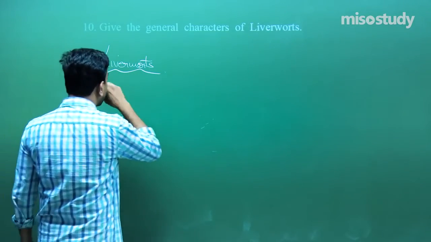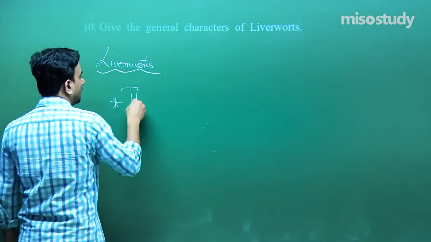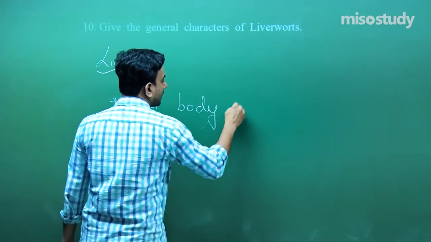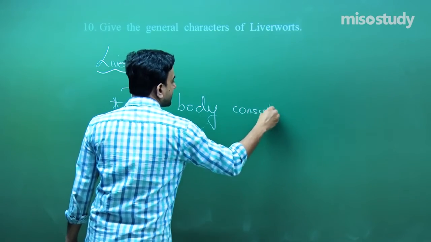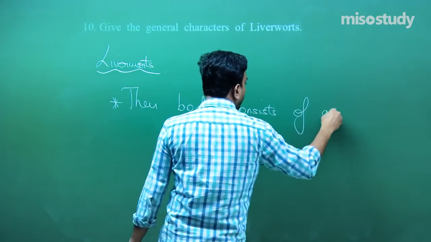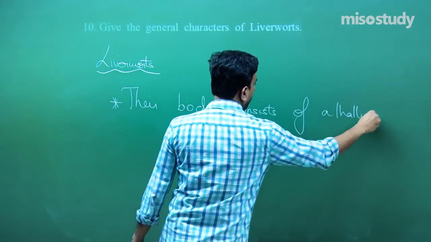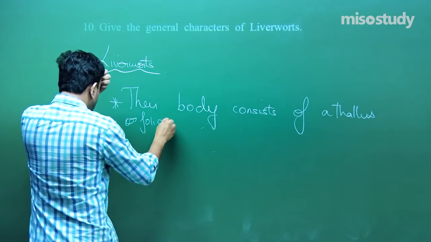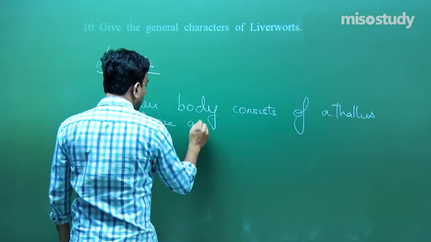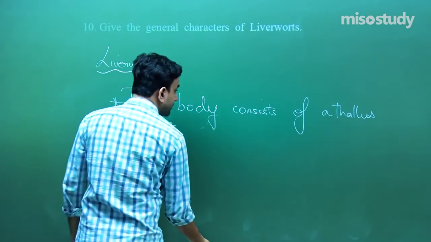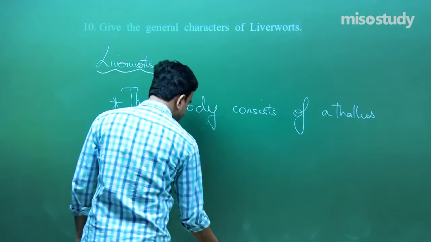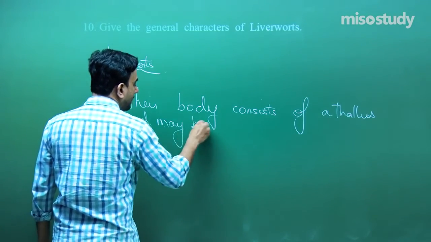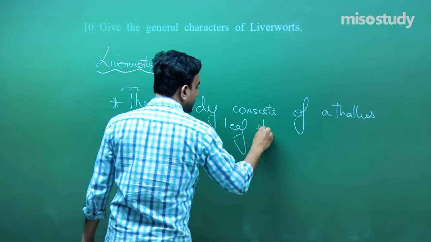So, what are the general characteristics? Their body consists of a thallus, and may be leaf shaped.